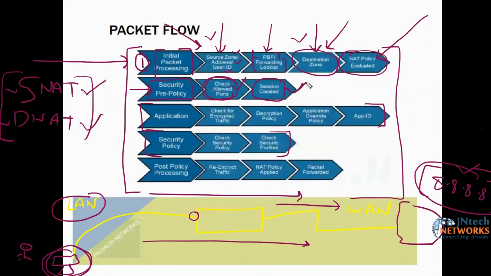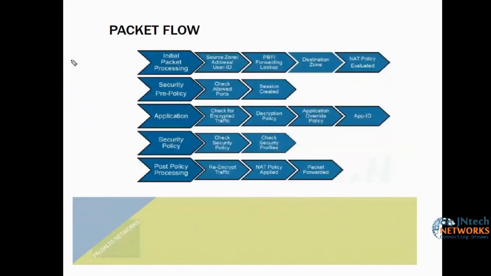Once the session is created, and if, for example, as per your traffic flow, you are using source NAT, your Palo Alto will apply the NAT configuration and then forward the traffic to the egress interface. Let me revise this. What if traffic hits this ingress interface?